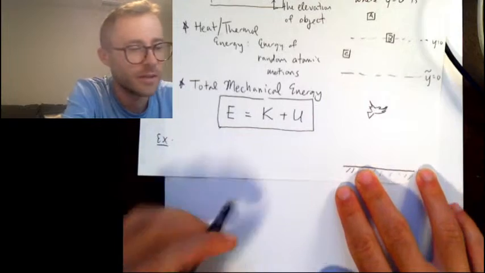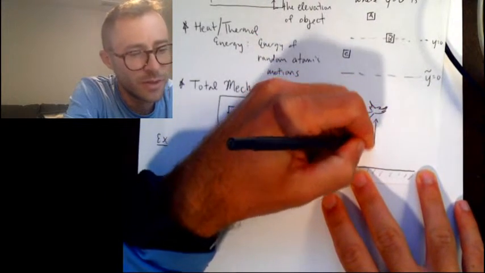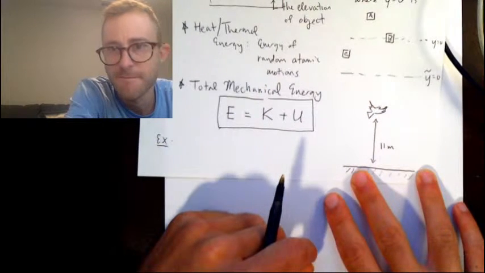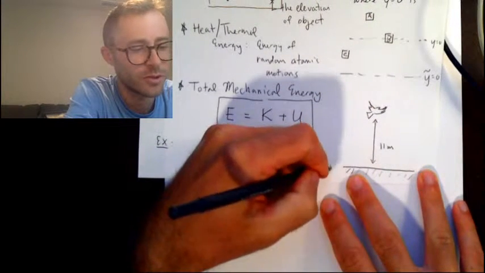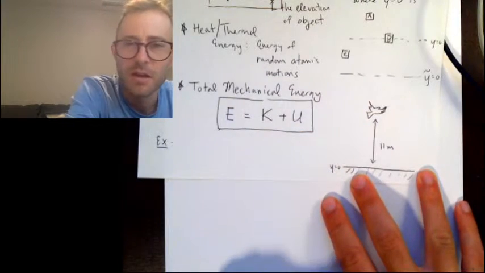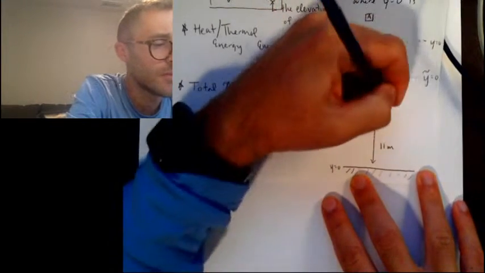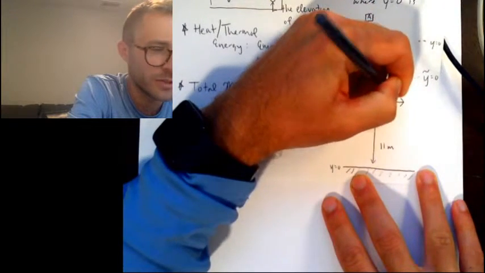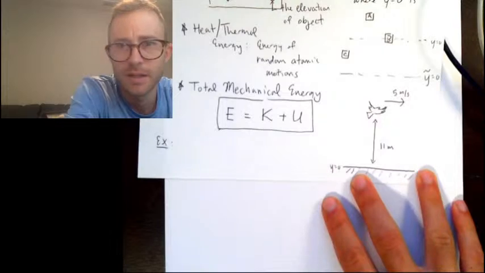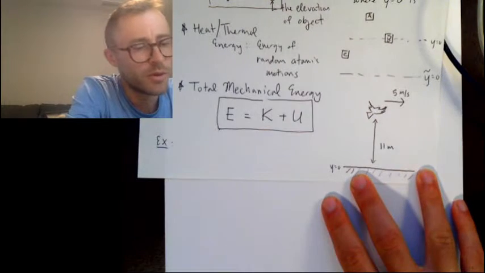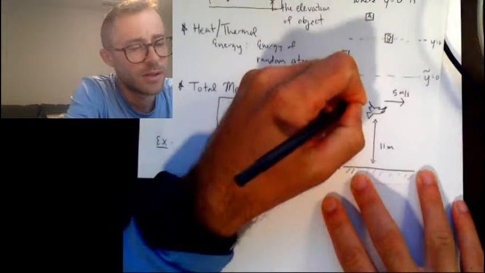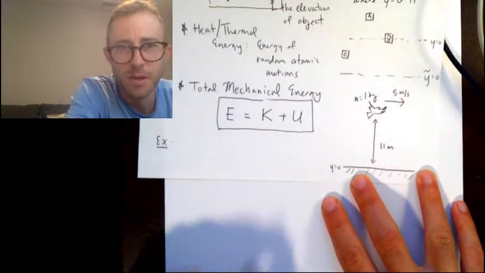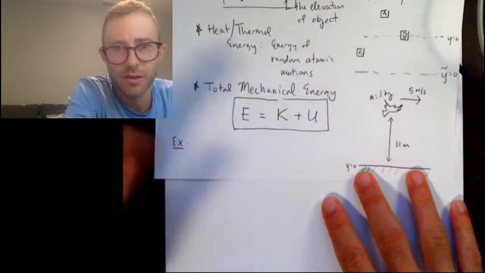The bird has an elevation of 11 meters relative to the ground, so I'm just calling the ground y equals 0. It's flying with a velocity of 5 meters per second, and we'll say that the bird has a mass of 1 kilogram. So what would be the total mechanical energy of the bird?